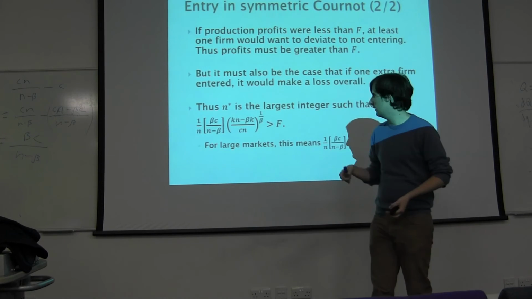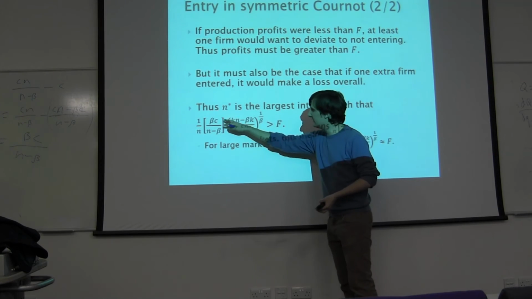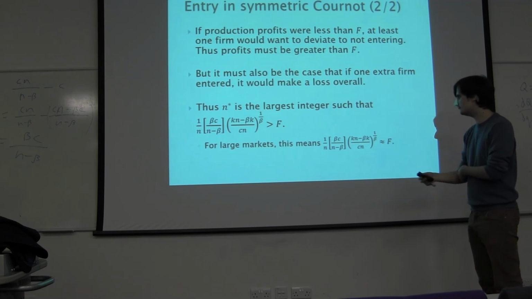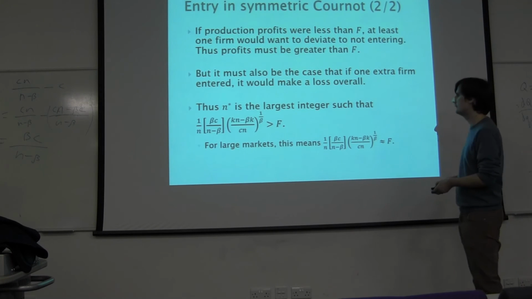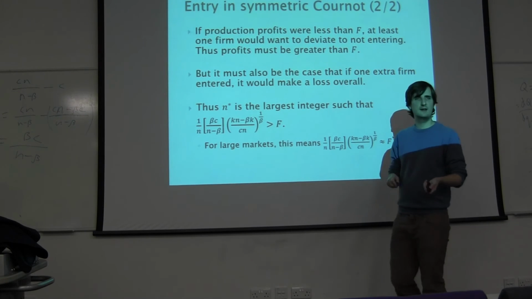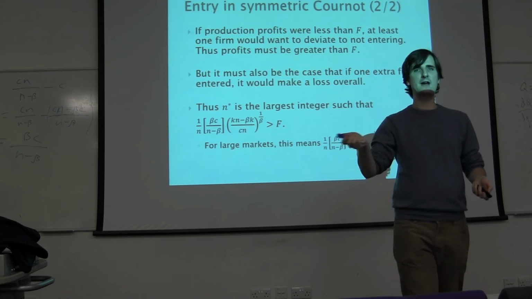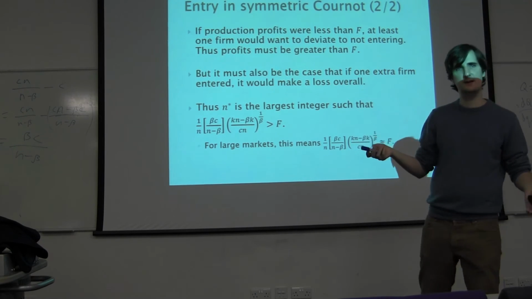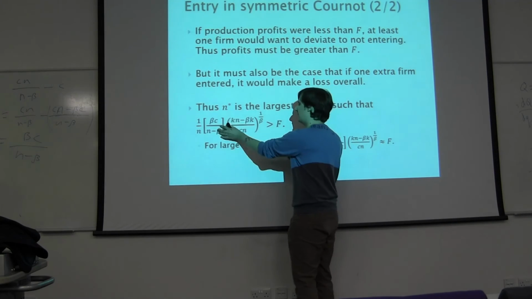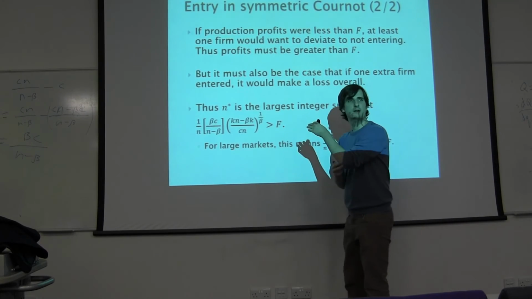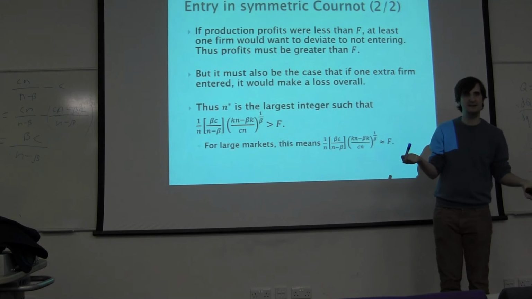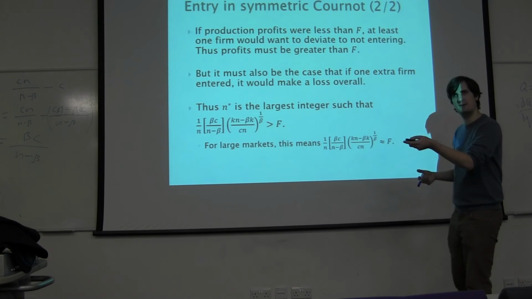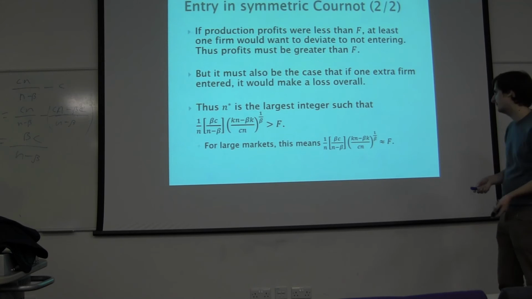Okay, so at least approximately profits will end up equal to the fixed cost. So if you like, you can think about, imagine that a fractional number of firms entered. Okay, imagine that 7.2 firms entered. There's going to be some number such that this thing is equal to this thing. Okay, so maybe 7.2 firms enter. Well, obviously 7.2 firms can't enter, but it makes the maths easier if we think as if they could.